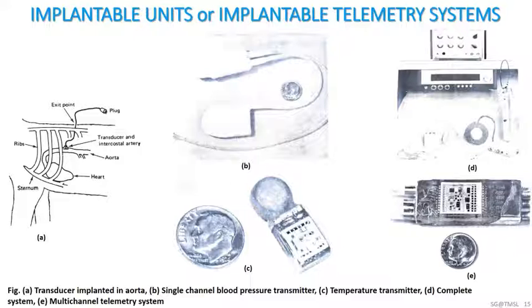The module at the top contains the signal conditioning circuitry and RF transmitter, and the second module contains the 200 milliampere hour lithium power source and a 1.7 megahertz RF switch for turning the system on and off remotely. The pressure transducer, which is shown in the lower left corner, is used with it.